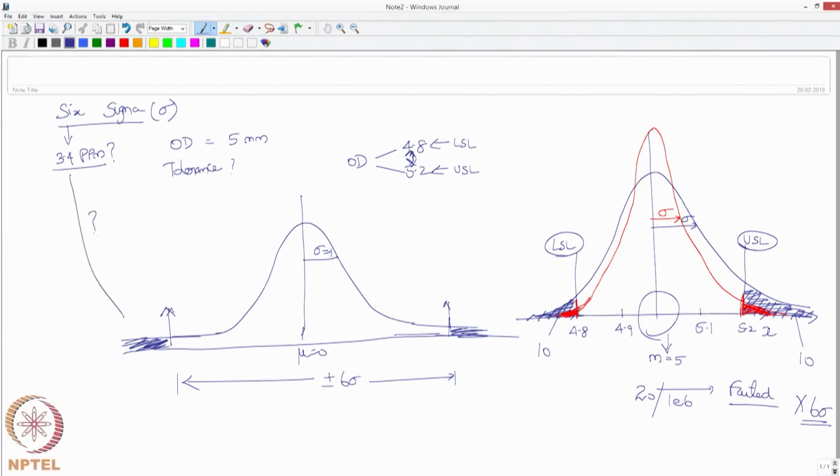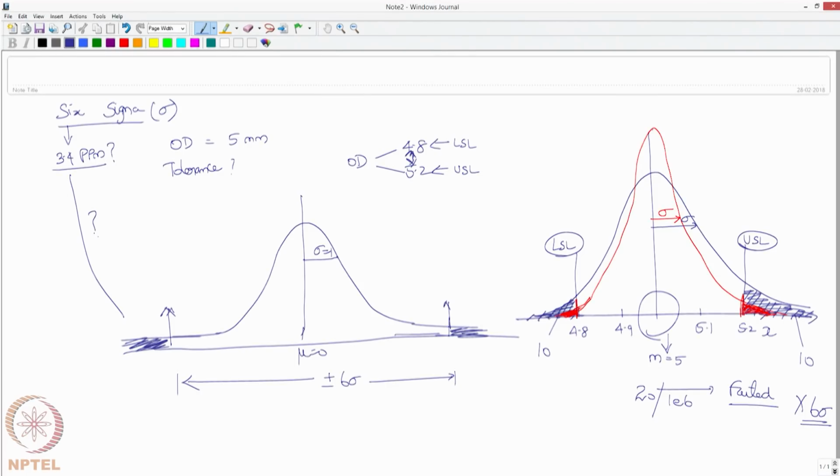I do not know how many of you saw the picture that I showed you yesterday. If you remember, I showed 1350 for 3 sigma, whereas for 6 sigma it would not have been 3.4, it would have been of the order of 0.001.